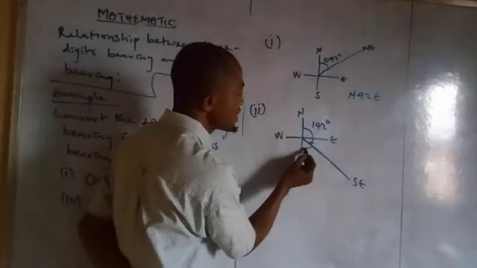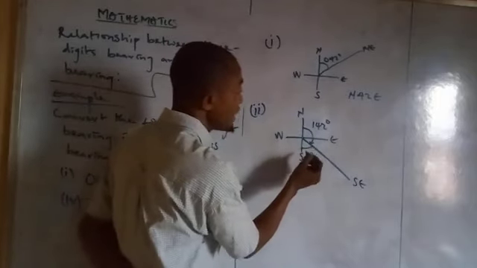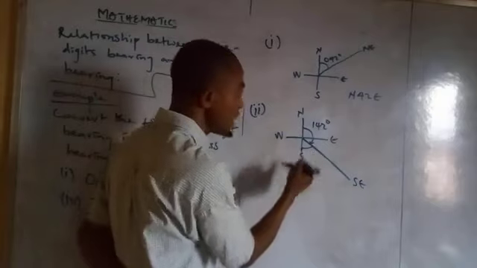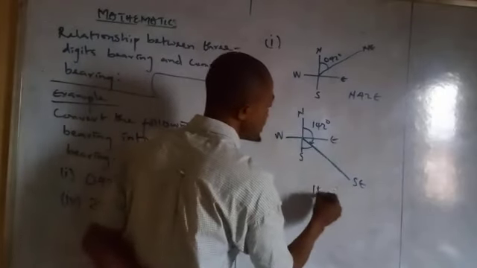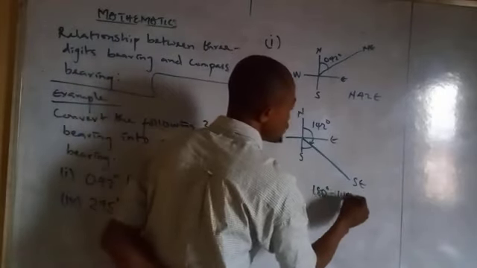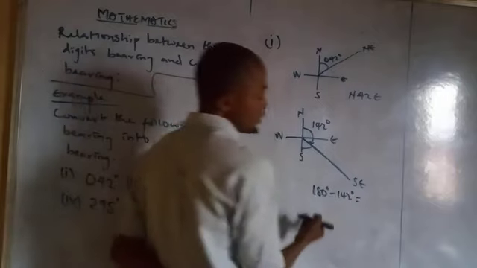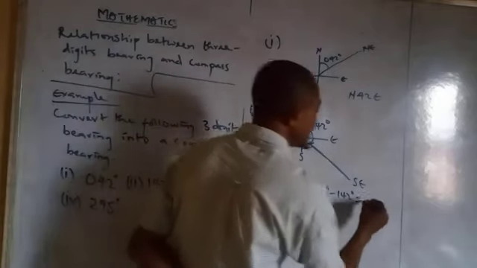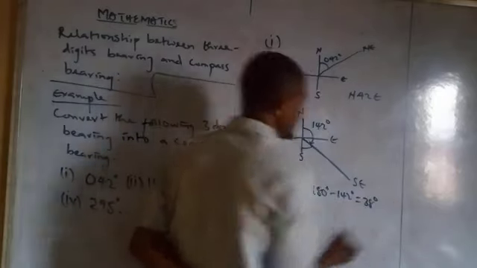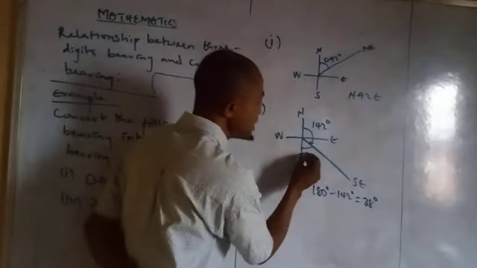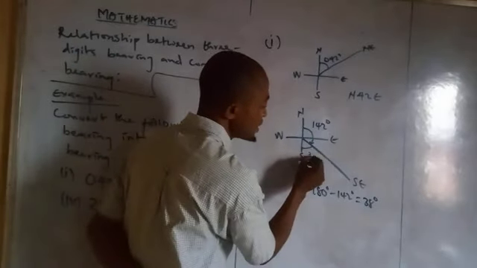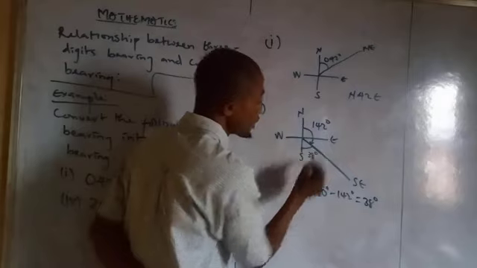The remaining part that is left here, to get the angle here, we have 180 degrees minus 142 degrees. When we do the subtraction, we are going to have 38 degrees. So we have 38 degrees here.